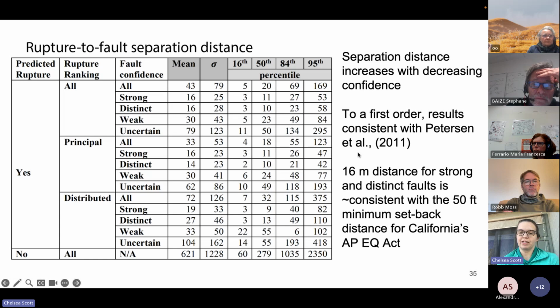We find finally there's a 16-meter separation distance between strong and distinct faults here, and that is approximately consistent with the 50-foot minimum setback distance for California's Alquist-Priolo Earthquake Act that is implemented after a site-specific study.